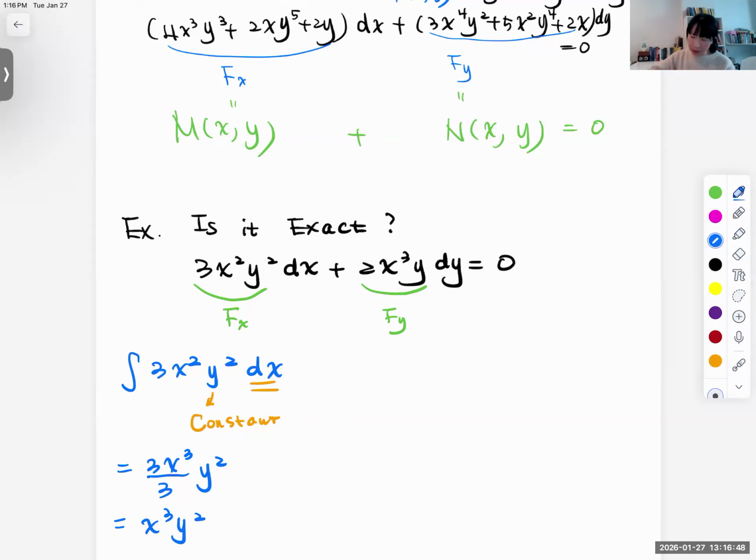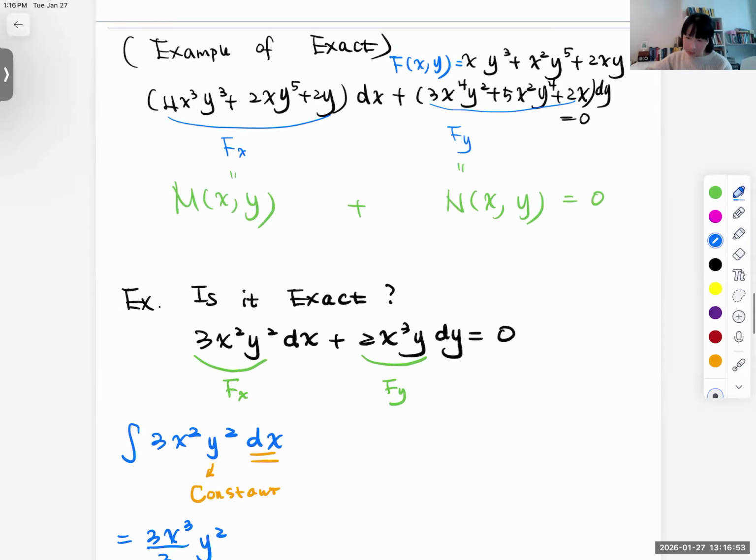Now let's check here too. We have 2x to the third power y dy, so we have a dy, so x is constant. We do the antiderivative and keep the constant. 2 is the real constant, so we keep that 2.